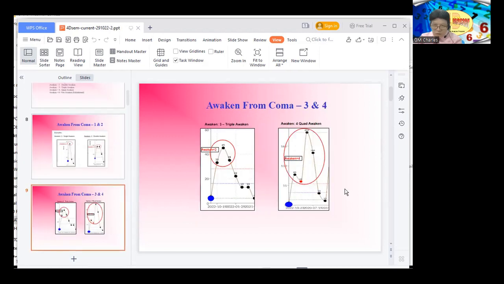Then we have another one called awaken 3. We also call it triple awaken. This number actually has 3 OverDue hits. Then it may hit again. Very likely it will hit before the maximum range, meaning it will be in range, from the minimum to the maximum.